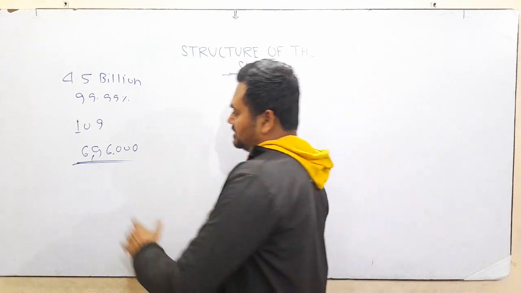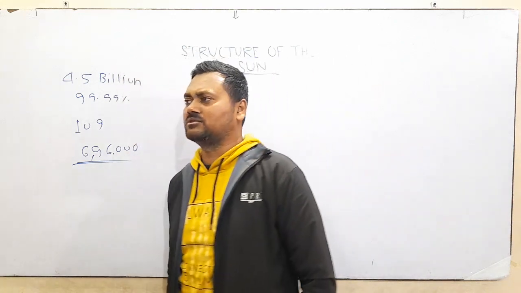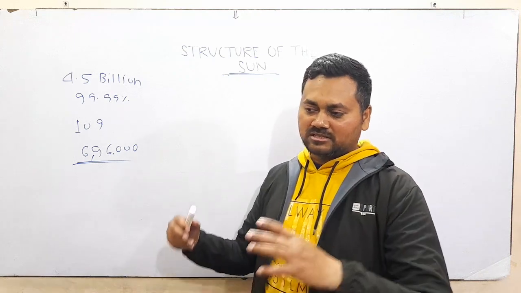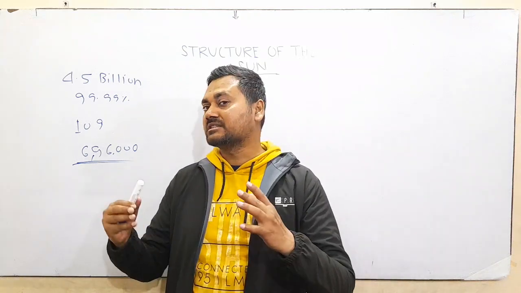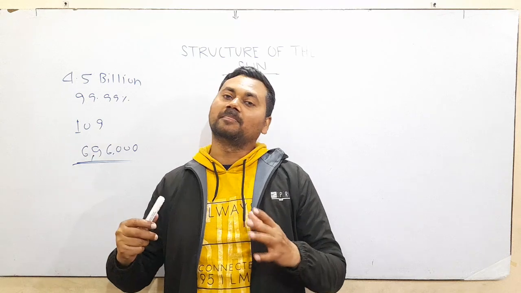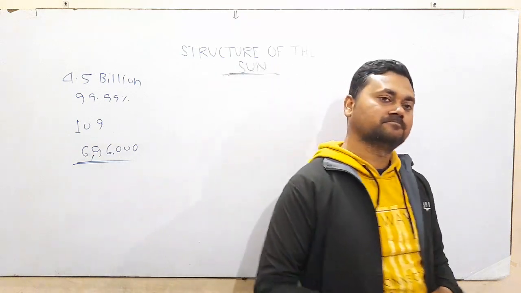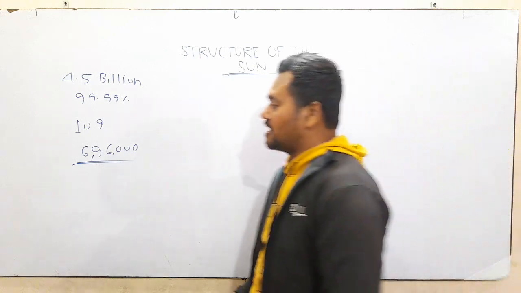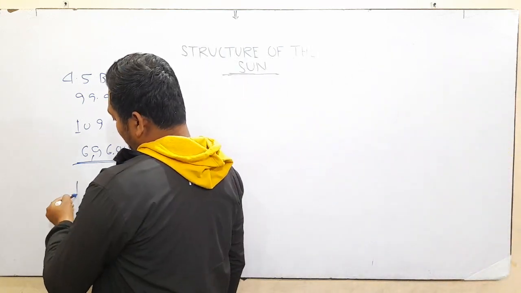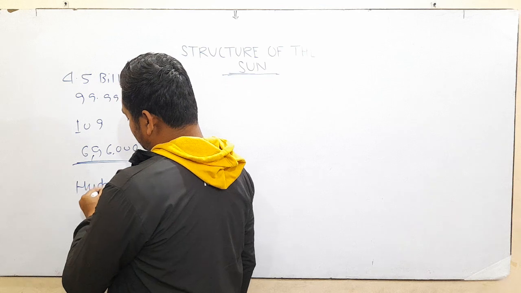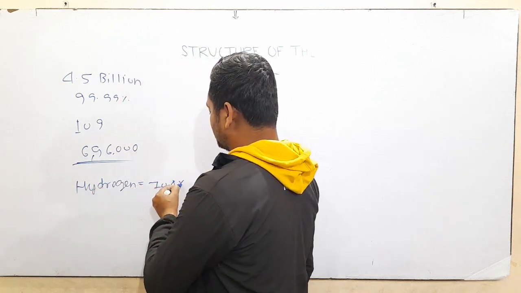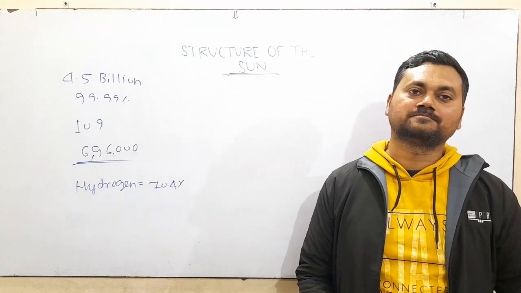So these are some basic things. Apart from this, could you tell me which constituent is found maximum in the Sun? That is hydrogen. It is 70.4% hydrogen.